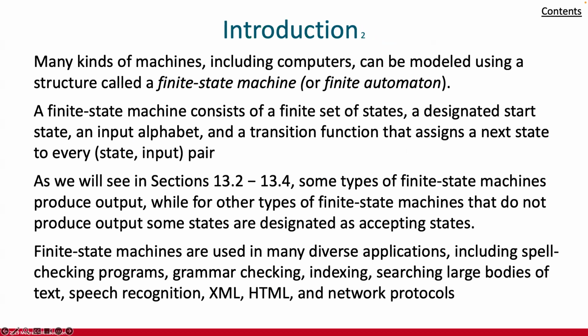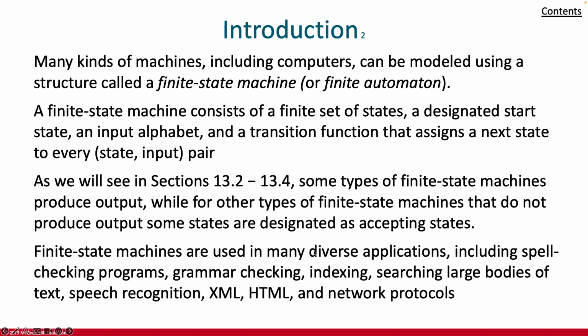Many kinds of machines, including computers, can be modeled using a structure called a finite state machine. And so we got a chance to be thinking about that already. A finite state machine consists of a finite set of states, a designated start state, an input alphabet, and a transition function that assigns a next state to every state and input pair. And as we'll see a little bit later, some types of finite state machines produce outputs.